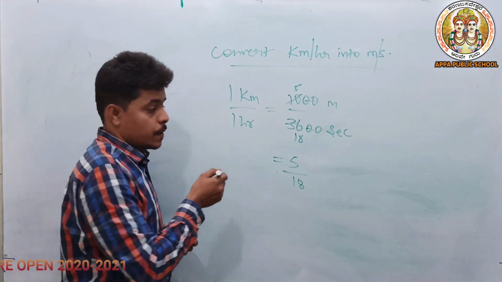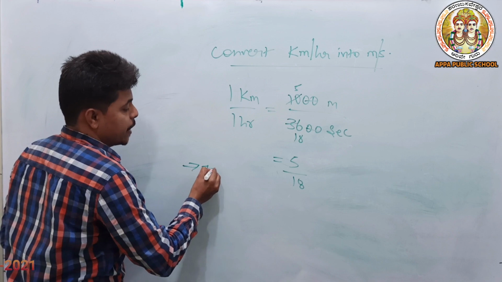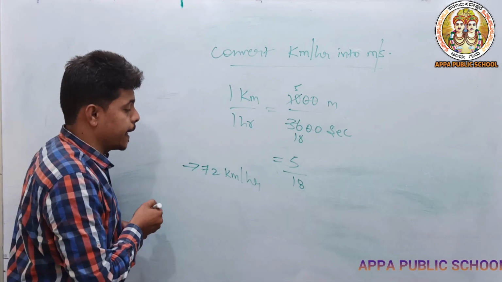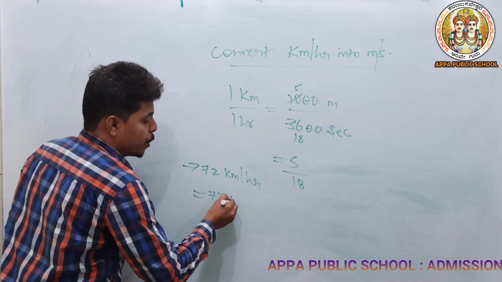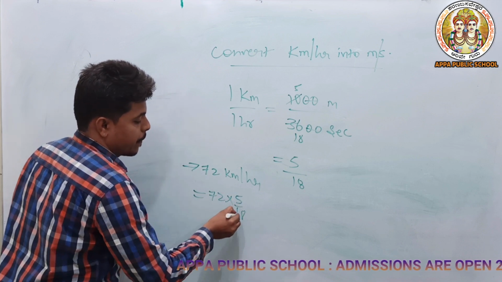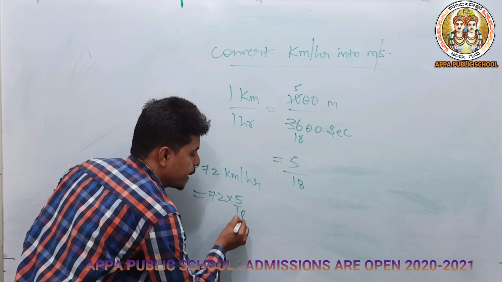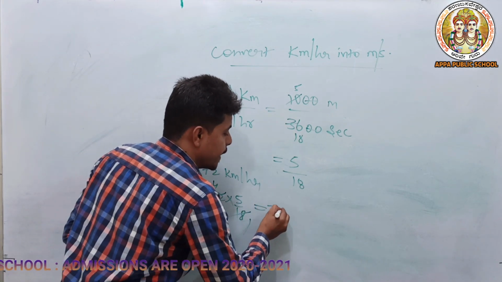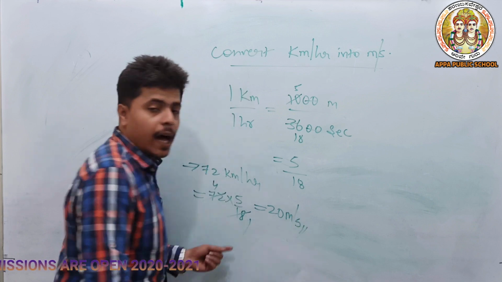First, 72 kilometer per hour, convert into meter per second. So 72 into 5 by 18. 18 fours are 72, 4 fives are 20, so 20 meter per second is the answer.